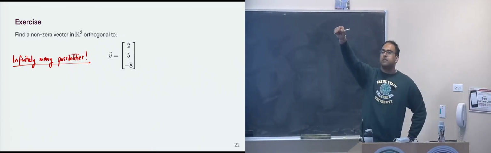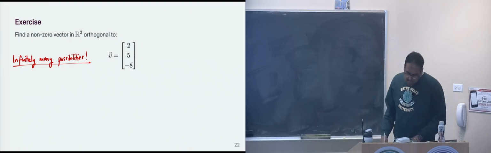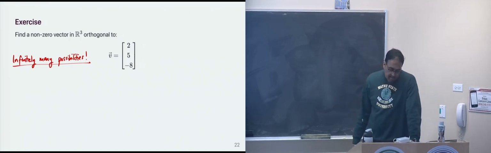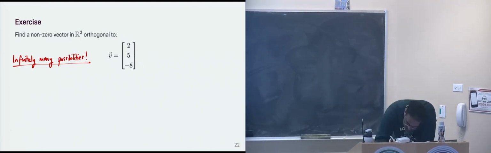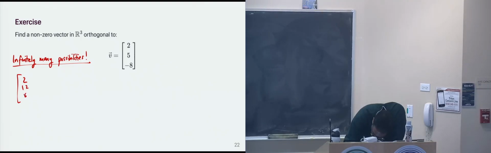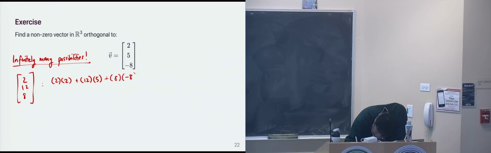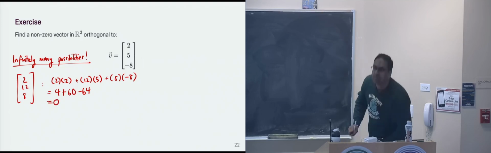Yeah. Would 2, 12, 8 work? Yes. We could do 2, 12, 8. How do I know it works? Well, the dot product would be 2 times 2 plus 12 times 5 plus 8 times negative 8. That's 4 plus 60 minus 64. Good, that's 0.